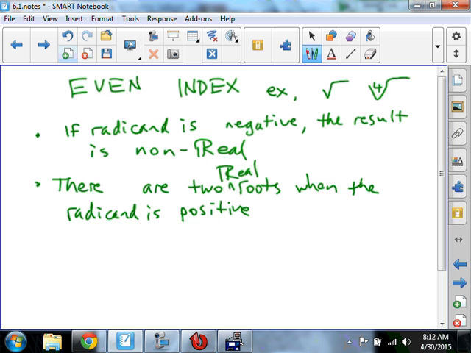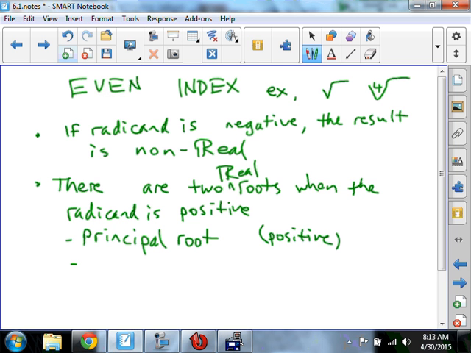One of the roots is called the principal root, and anytime we talk about the principal root, we're talking about the positive root.